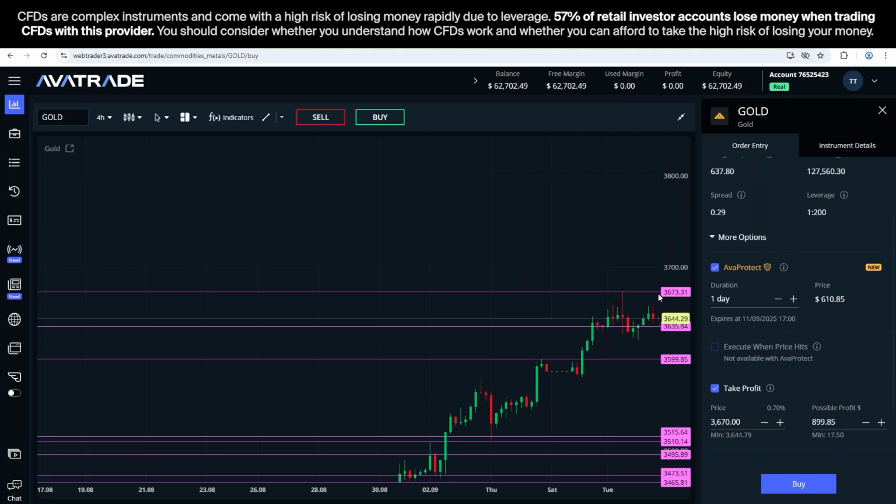If it does break it, it could be on its way to the next round number like 3,700. So if I plug that number in, now all of a sudden I could make almost $2,000 and the cost of the protection is $600. So if I'm right on a move like this 1 out of 3 times, I'm still making a profit.